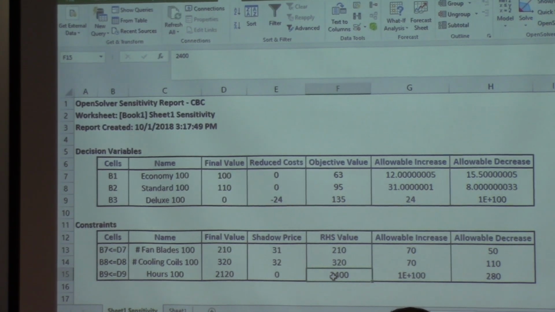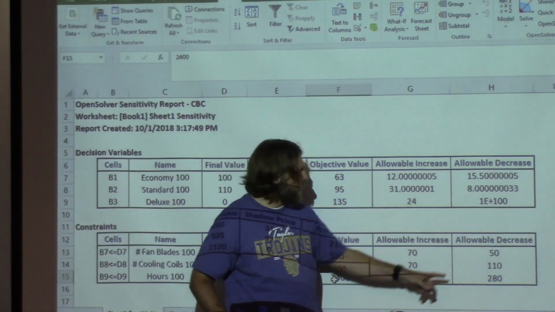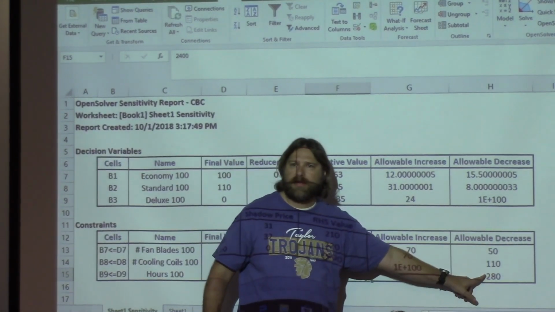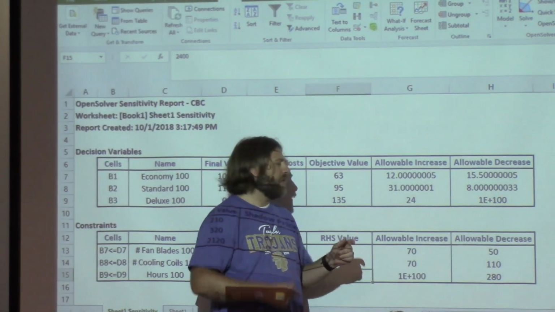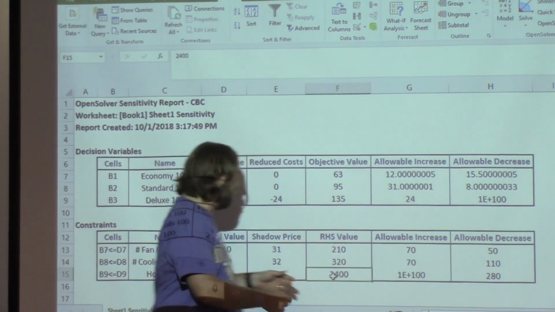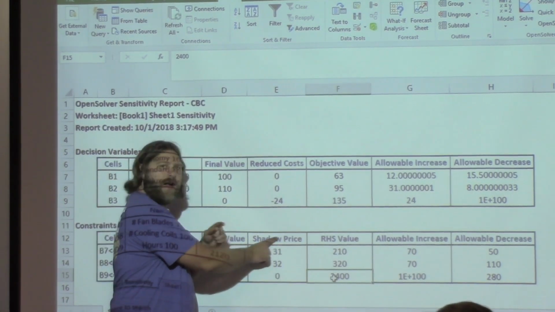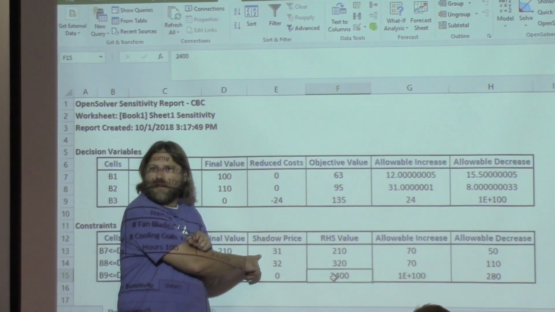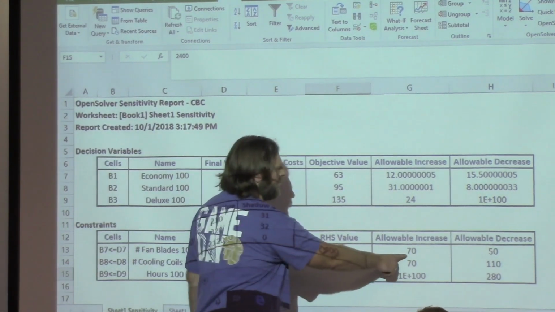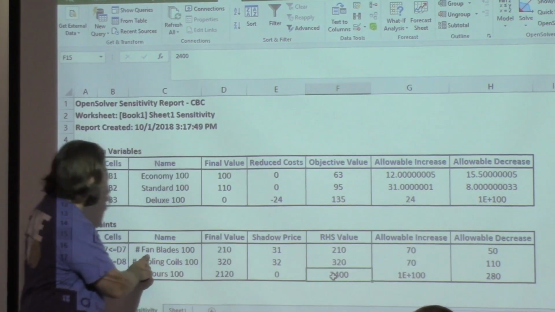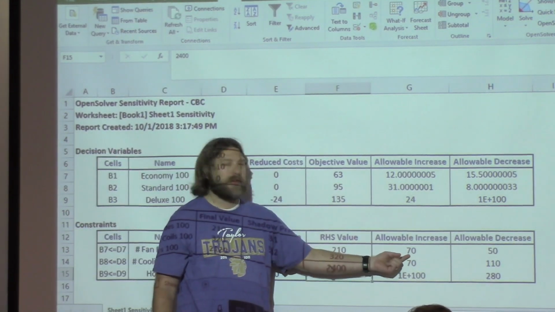Up to, and now this is where these two really come in important right here, your allowable increase and your allowable decrease. This limits how much or how little you can make a change to these right-hand side values right here, how long that dual becomes valid. So the range that we can do that is we can increase for this first right-hand side, we can go from 210, we can up it by 70.